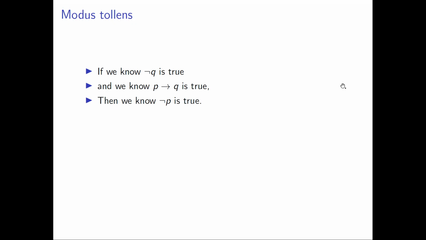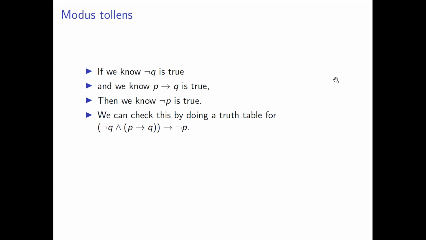Then we can conclude that not P is true. And like the last one, you can check this just doing a truth table for the proposition not Q and P implies Q together imply not P. And you can see each row you get a T.